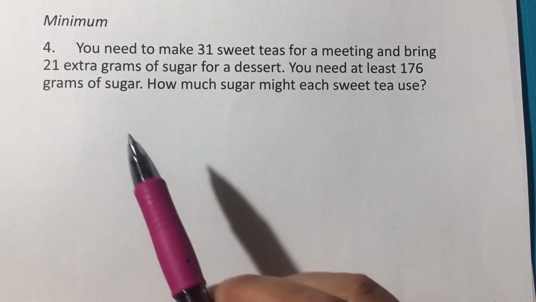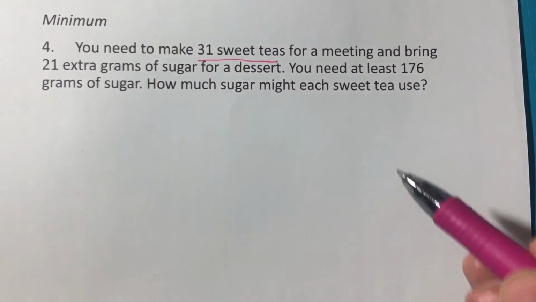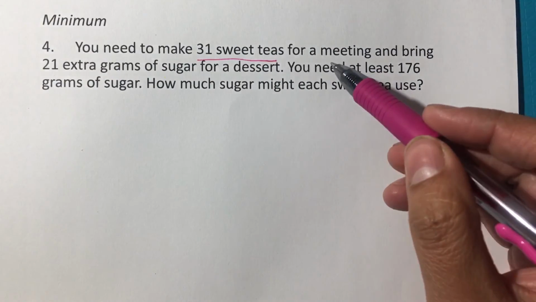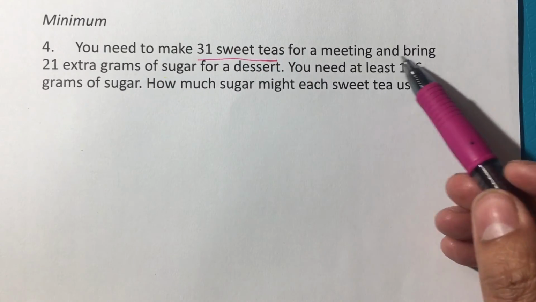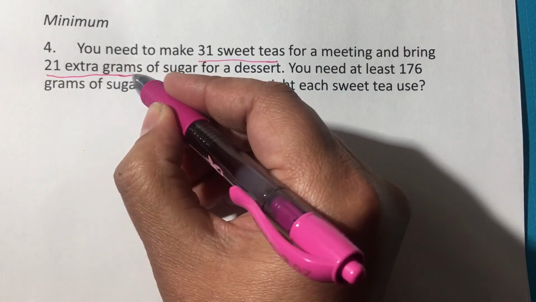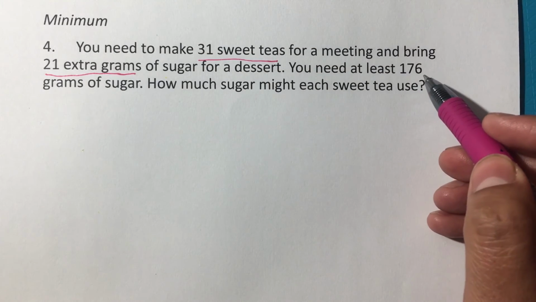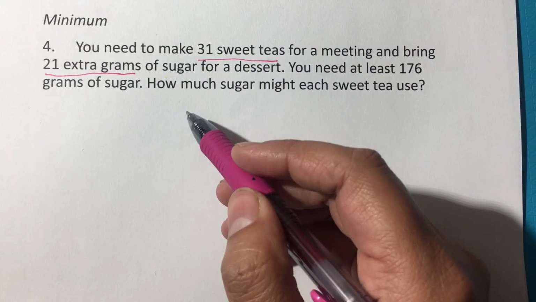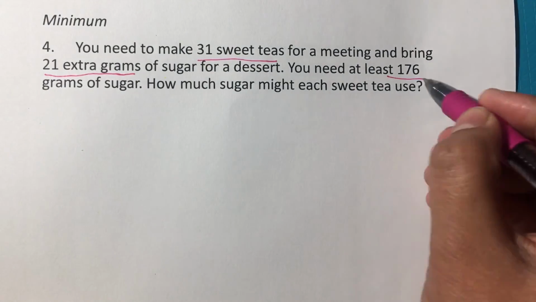Now the minimum. You need to make sweet teas. Let me read it again. You need to make 31 sweet teas for a meeting and bring 21 extra grams of sugar for a dessert. You need at least 176 grams of sugar. How much sugar might each sweet tea use?